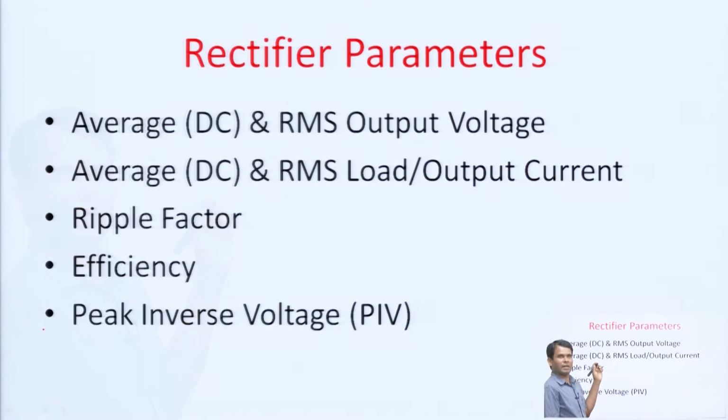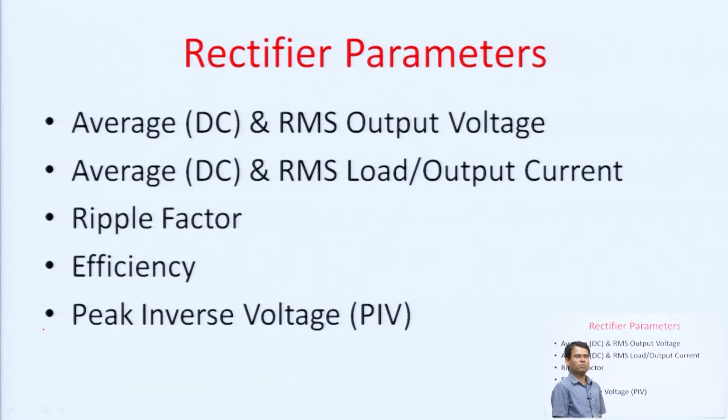What are rectifier parameters? There are various types of rectifier parameters: average and DC output voltage, average and RMS load output current, ripple factor, efficiency, and peak inverse voltage, that is PIV.